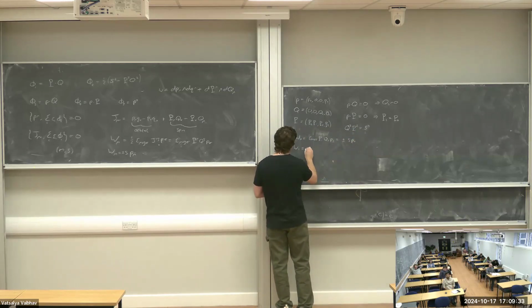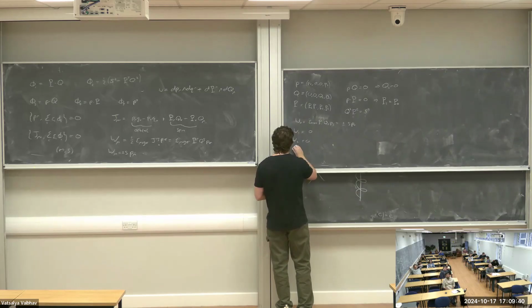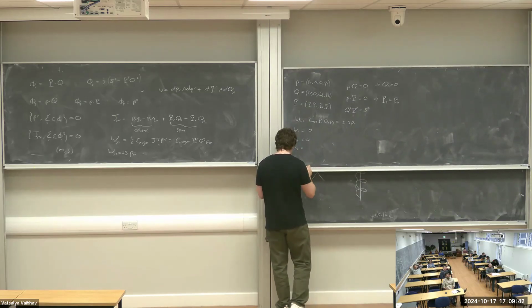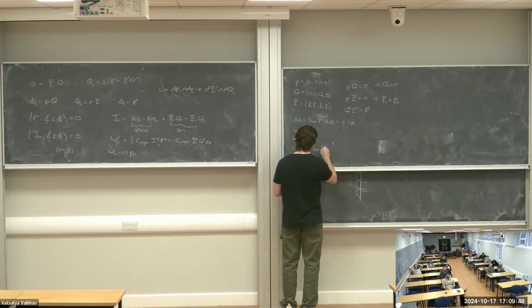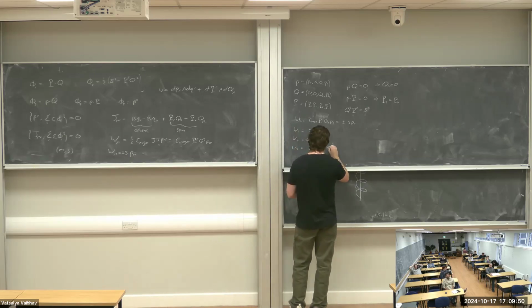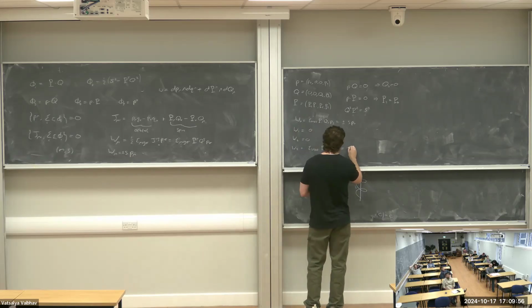You can similarly show that W1 and W2 are 0. The last one is W3, which is epsilon 3120, big P1, Q2, p0, which again is plus or minus S times p0.